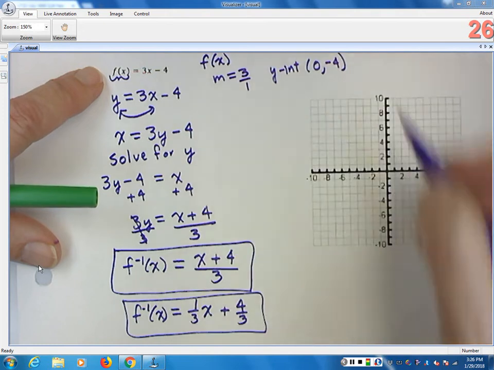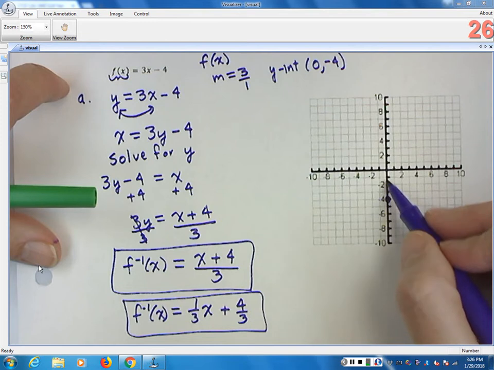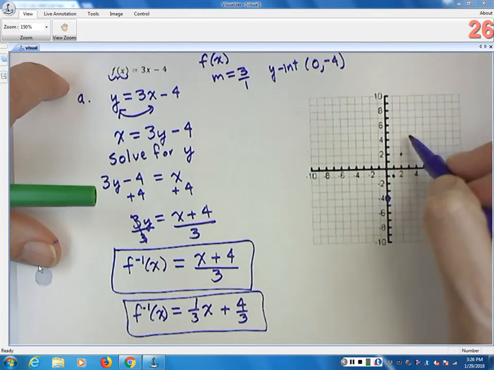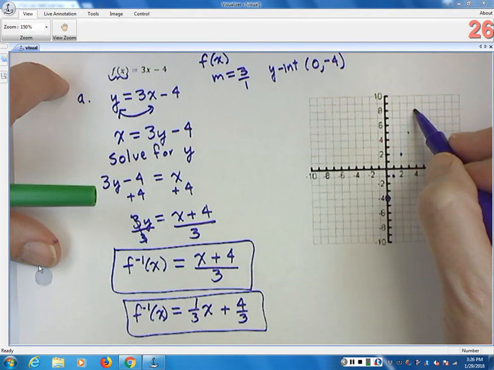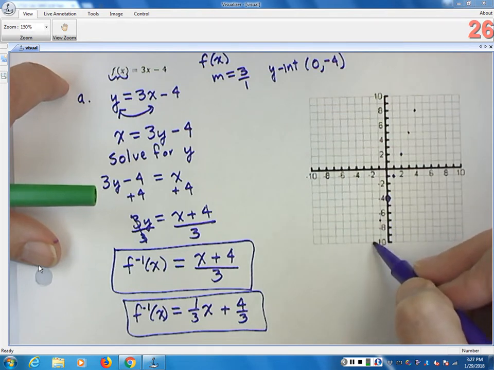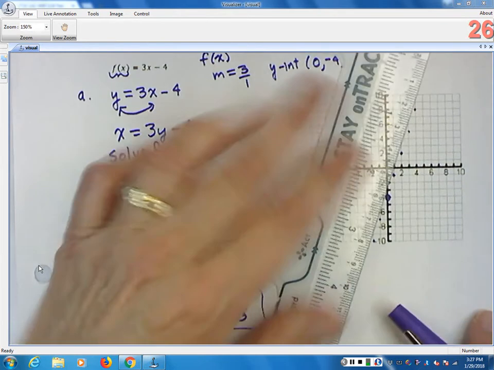So we start at the y-intercept, and then we're going to go up 3 over 1, up 3 over 1, then we can go down 3, left 1, and then we can grab our straight edge. This is the line, y equals 3x minus 4.